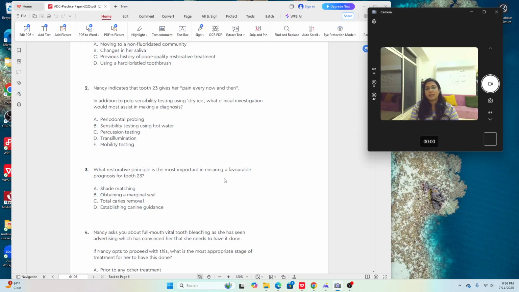Shade matching and establishing canine guidance are secondary. You can match the shade, but that is not the most important thing. There is no point matching the shade perfectly and leaving infected caries inside, or not obtaining the marginal seal. Hence, obtaining a marginal seal is the right answer, which is also given in the answer key.